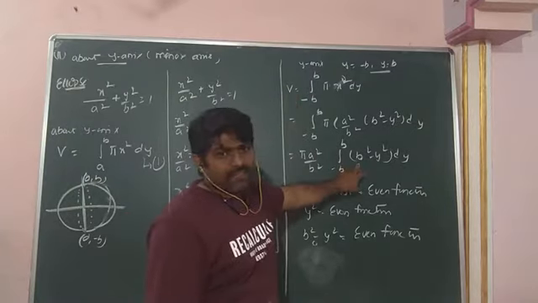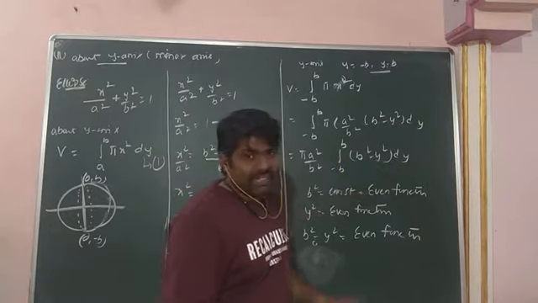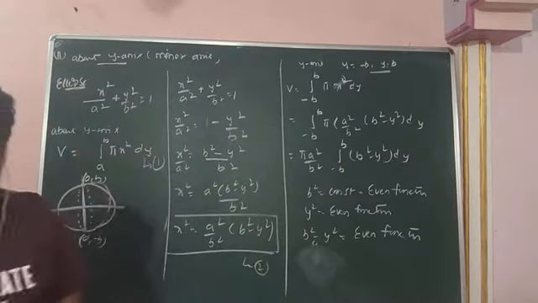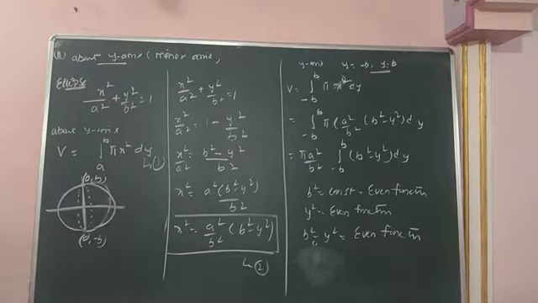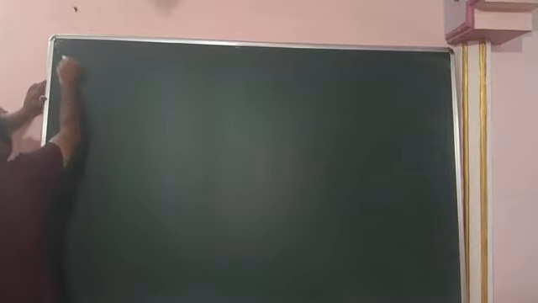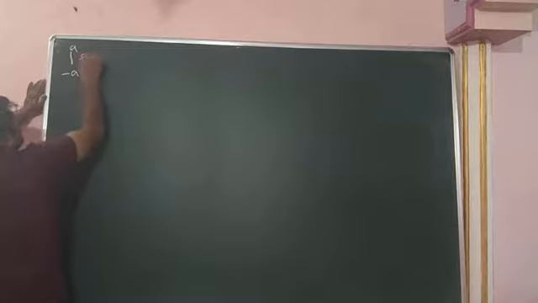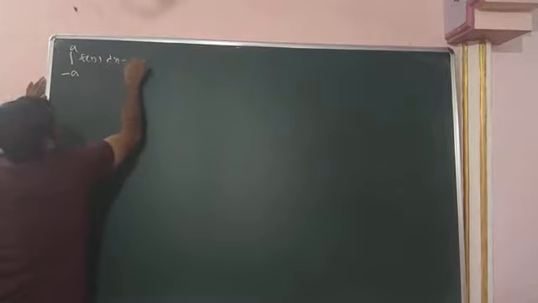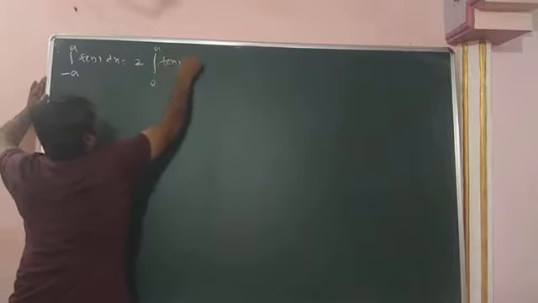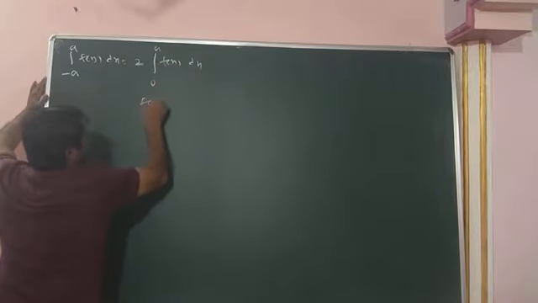We substitute, and this is a constant. A constant is also an even function, and y square is an even function. The difference of two even functions is also an even function. Okay, that is, the integral from minus a to a of f of x into dx is 2 into the integral from 0 to a of f of x into dx when f of x is an even function.